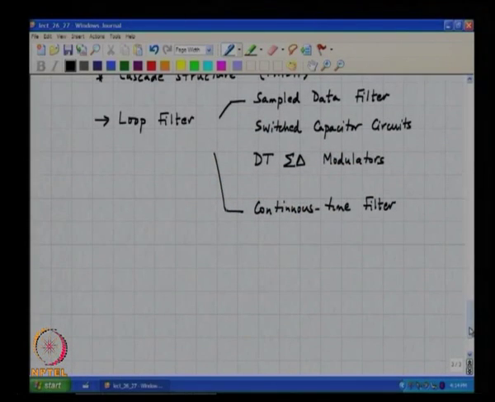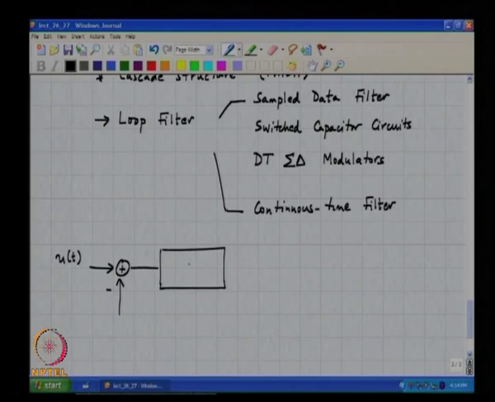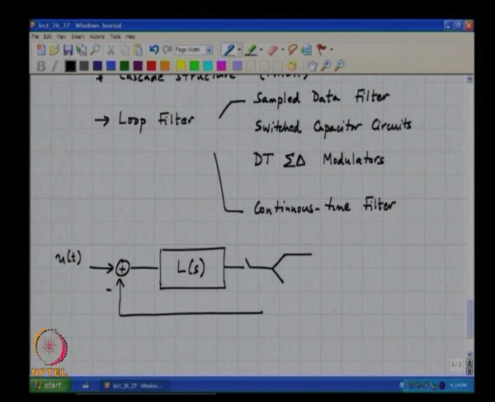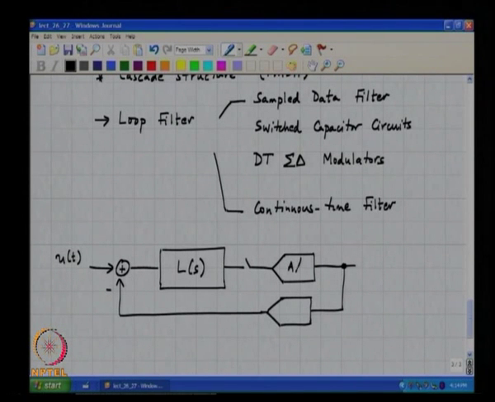In other words, the modulator structure looks like this. All right. You understand?